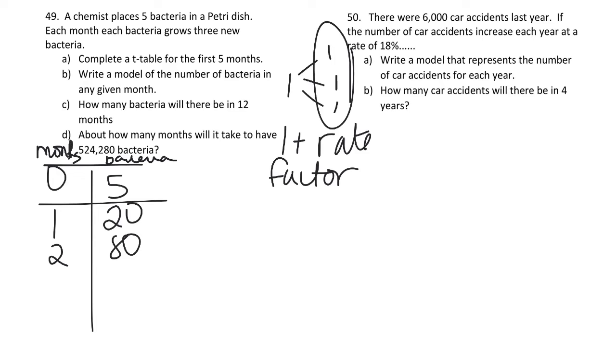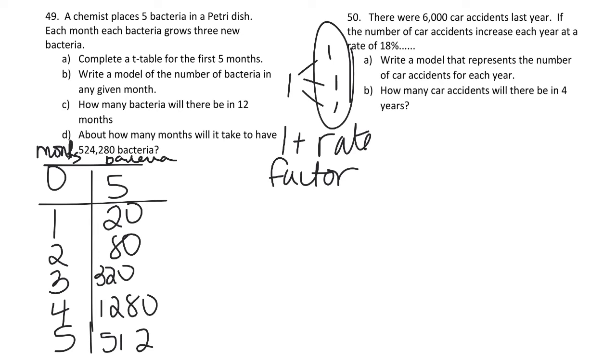In 2 months there's 80. In 3 months there's 320. In 4 months there's 1,280. And then on month 5 there is 5,120.